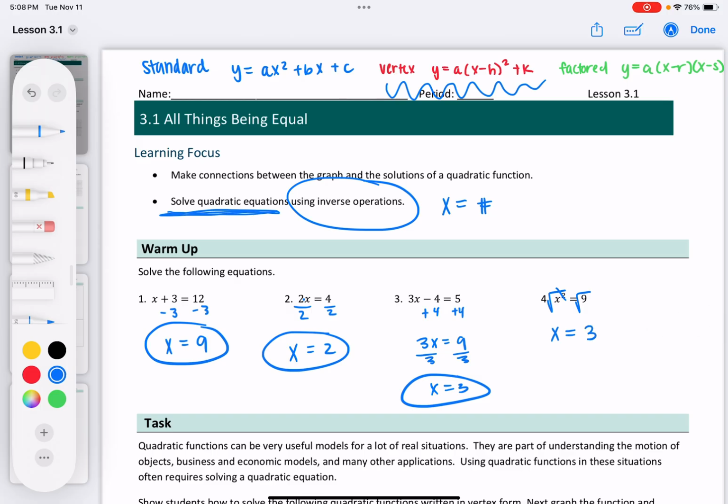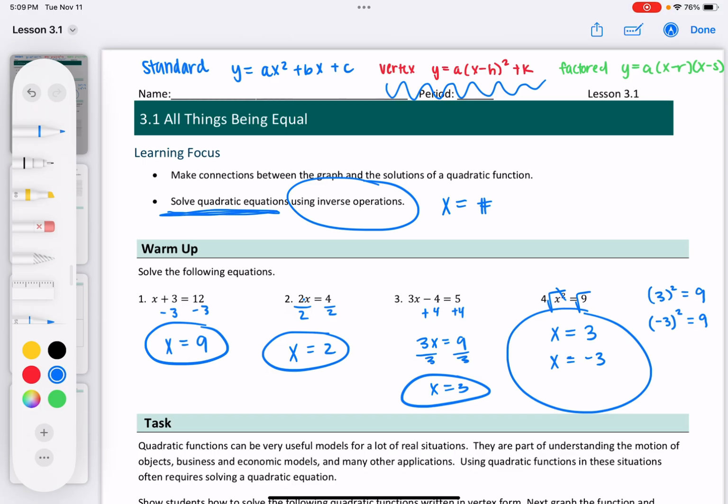What that's saying is that if we square 3, it's going to give us 9. There's actually a second answer that if we square it, it gives us 9. That answer is -3. So on number 4, we have two answers, +3 and -3. Both of those are answers.